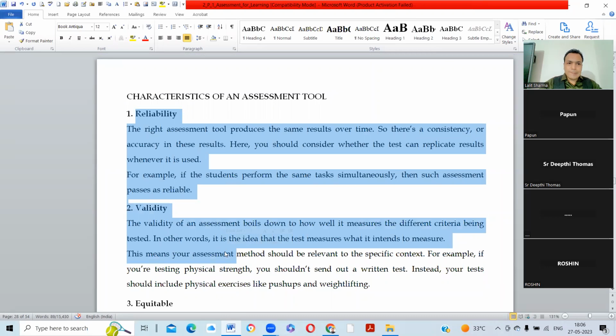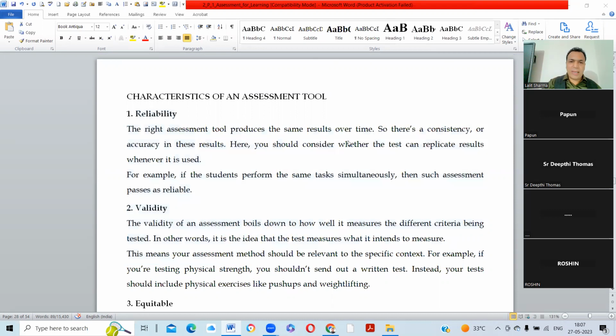Okay, here I give you one example. For example, there is a wall clock, a watch, and it is giving the time 5 minutes late every day whenever you see it. Suppose there is a wrist watch.